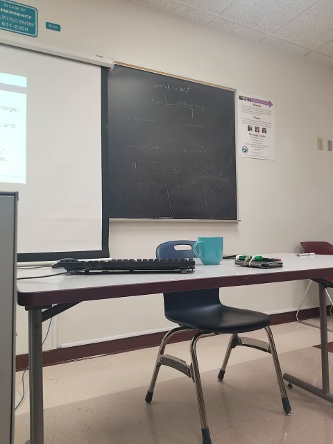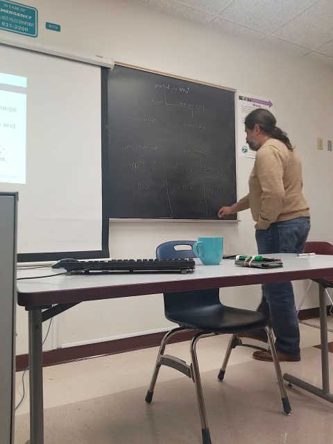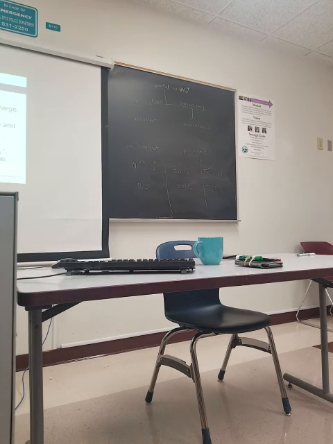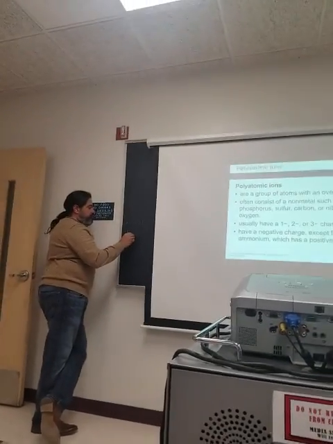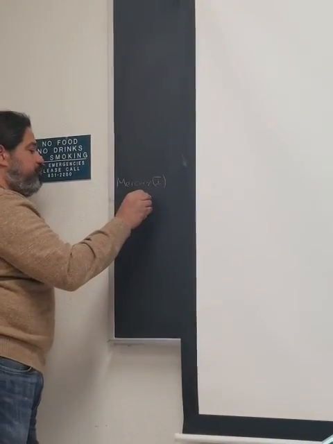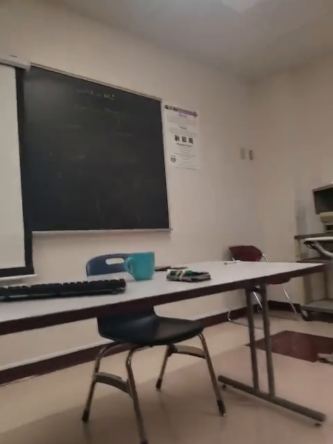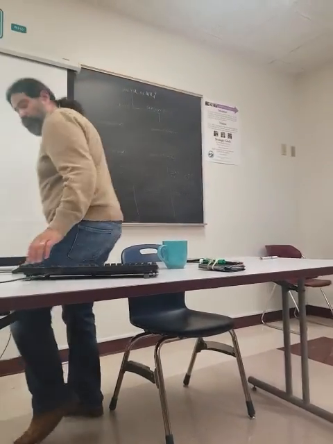There is one, well, actually there's two positive polyatomic ions that you need to be aware of. NH4 is ammonium. The other one is actually mercury 1. Mercury 1 comes in twos.